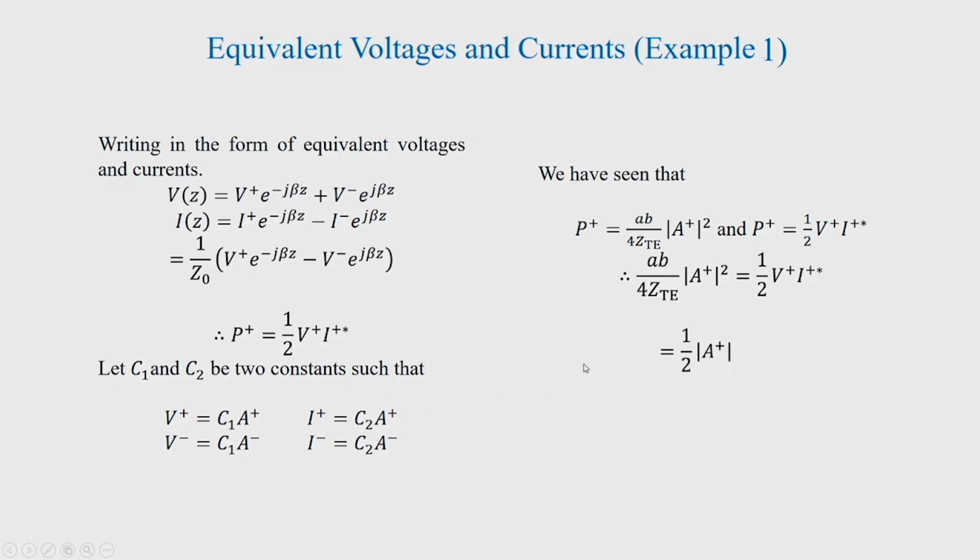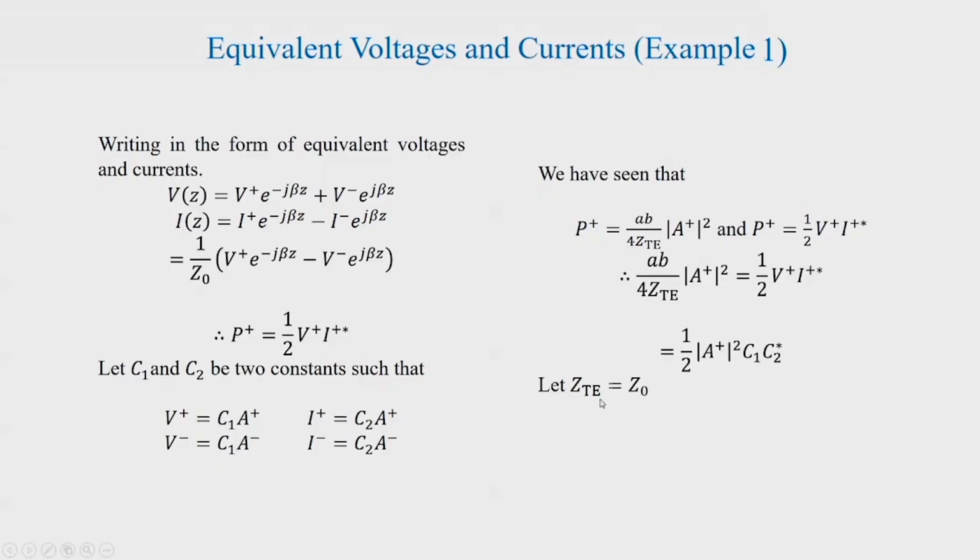If we do that, then this becomes half A plus modulus square C1 C2 conjugate. And as we said during our discussion of equivalent voltages and currents, Z naught can either be set equal to Zte or it can be normalized to unity.